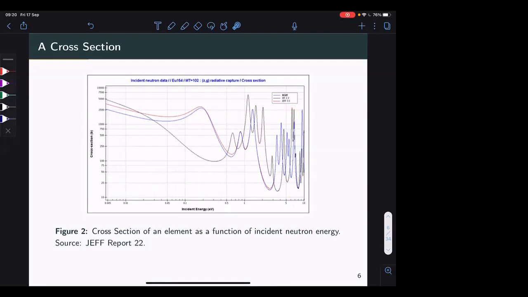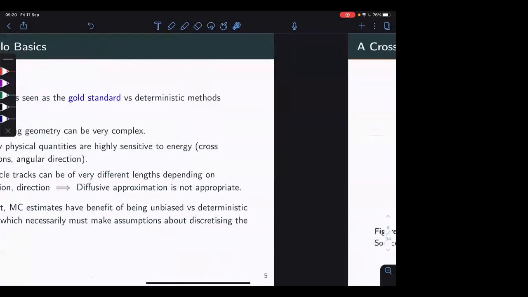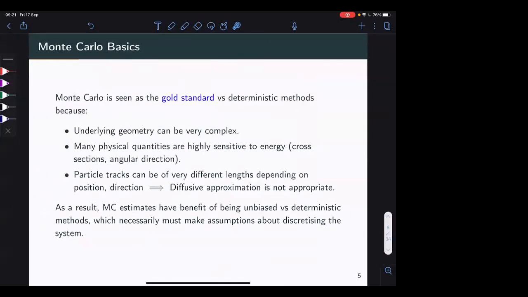So in practice, you're not going to end up with some nice structure across energy levels, but a really very complex relationship between energy or velocity of particles and how likely they are to be absorbed.